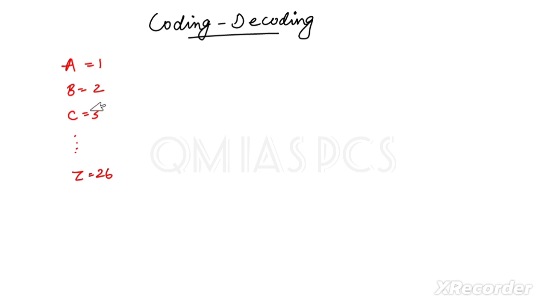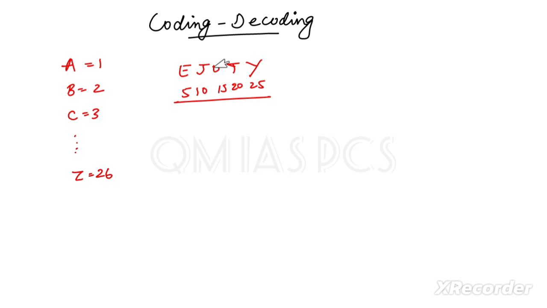So how to remember this? There are 26 alphabets, so simply just learn EJOTY. It will be easier for you, because this is 5, this is 10, this is 15, this is 20, this is 25, so it will be easier to learn.